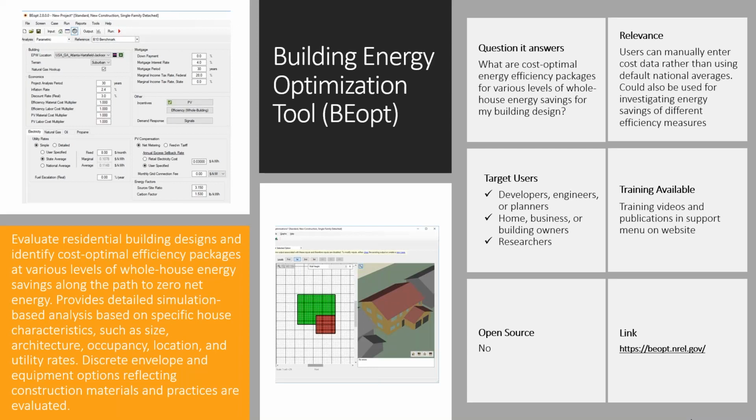It looks at discrete envelope and equipment options reflecting realistic construction materials and practices. Basically, it's going to take thousands of different combinations of energy conservation measures and run the analysis to look at where that cost curve is lowest for the highest efficiency.